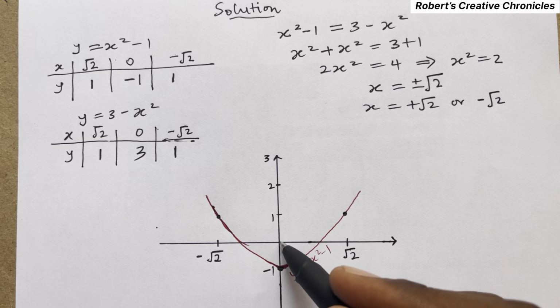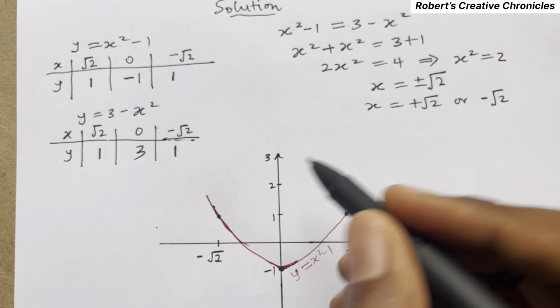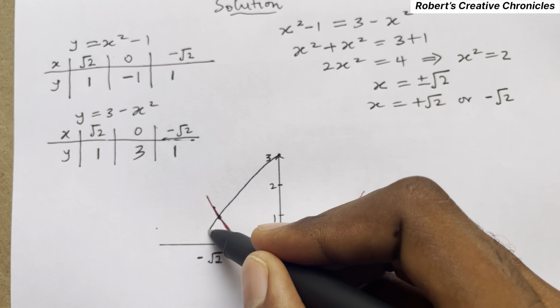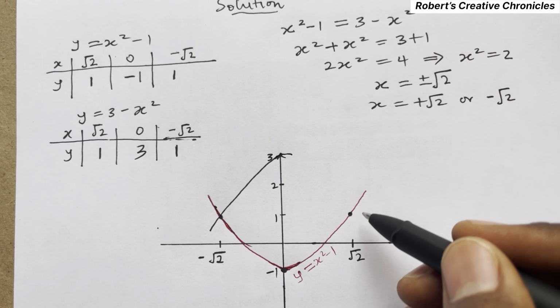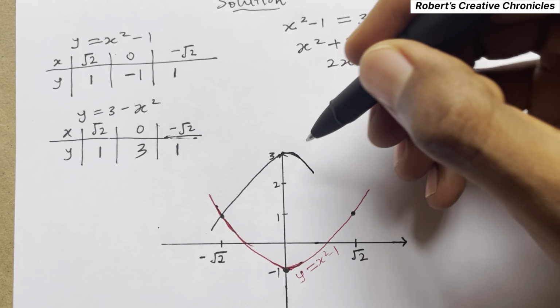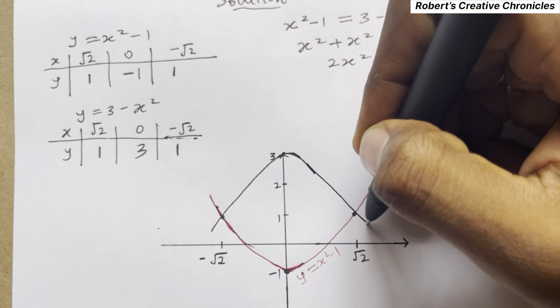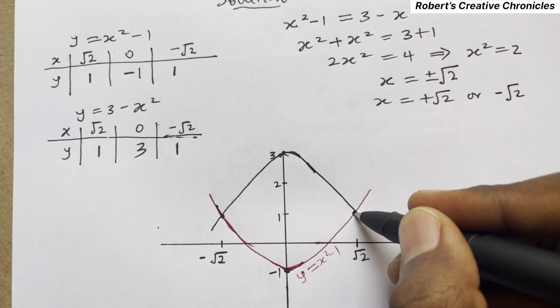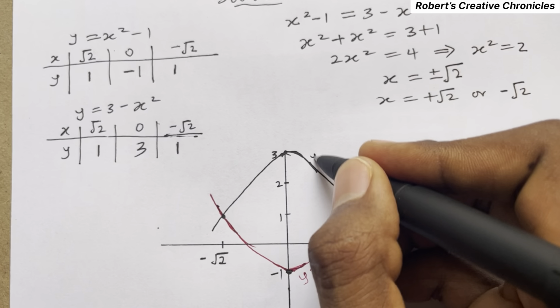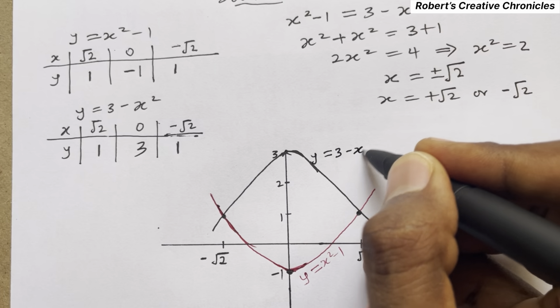Then 0 and 3. So these are the two curves. Then this is y is equal to 3 minus x squared.